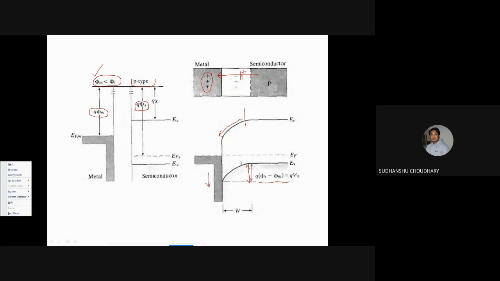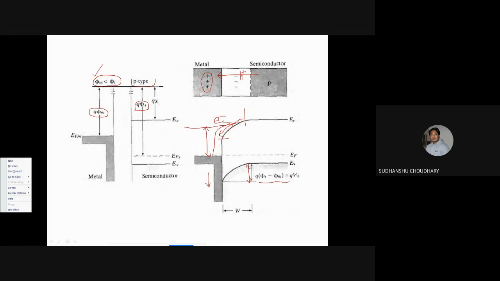Similarly, electrons on the metal side also see a barrier. If metal electrons try to move into the P-type semiconductor, they see this much barrier.